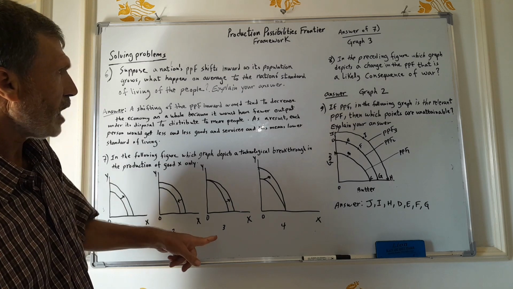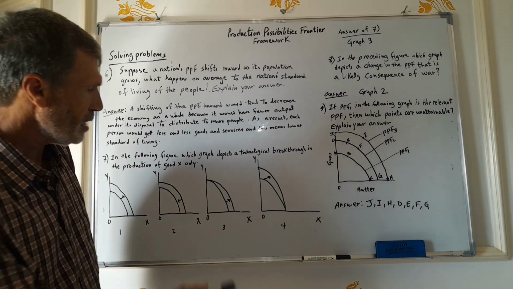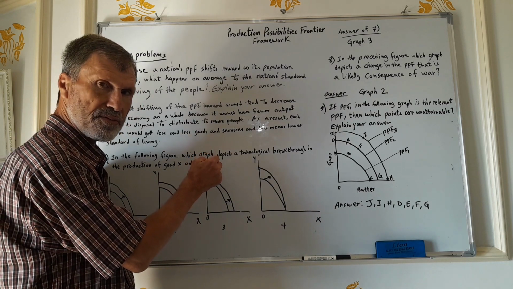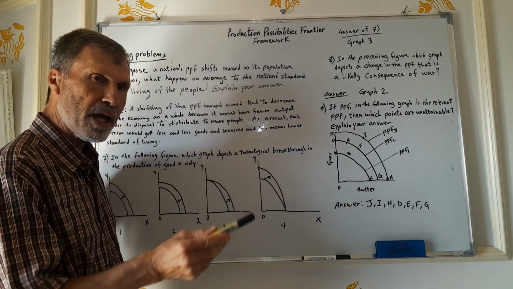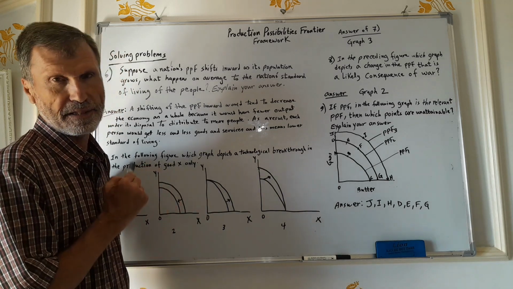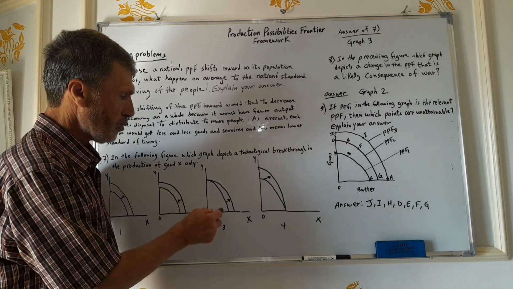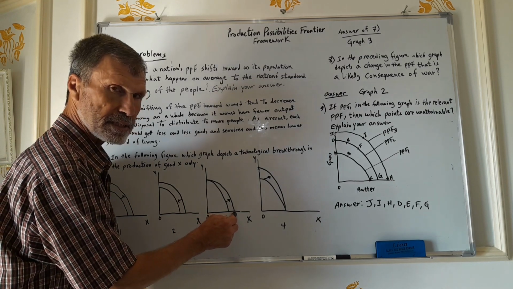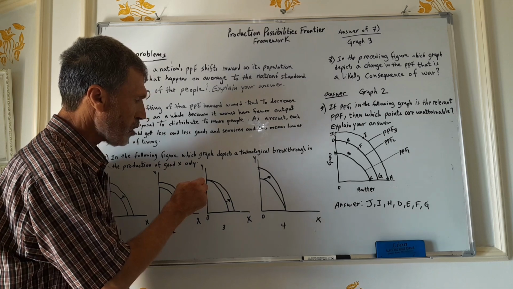Of course, of good X only, you can see graph 3. Why? Because that technological breakthrough, that advance in technology, is biased toward the production of X. Okay? Which implies that the maximum output of X increases, however, the maximum output of Y stays the same.